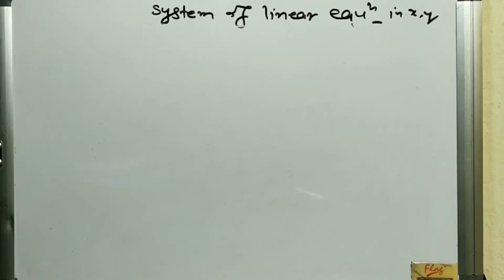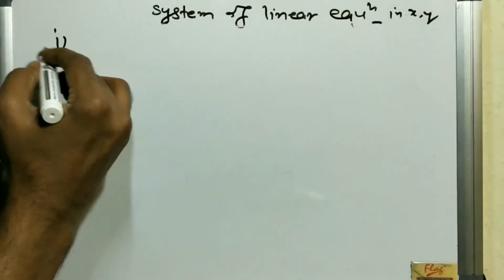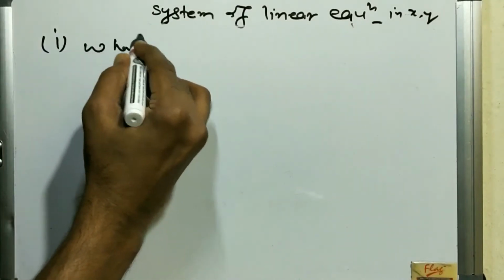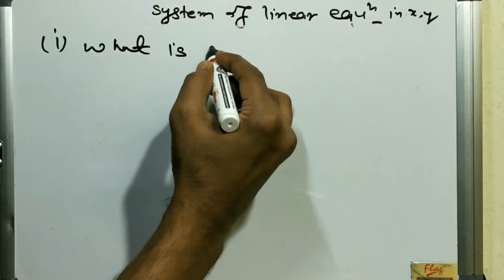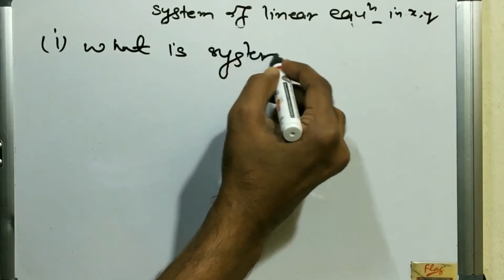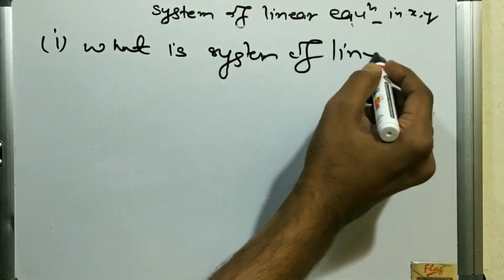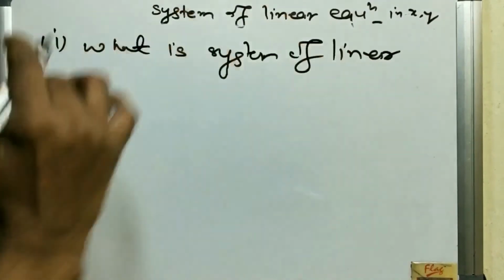What is a linear equation in two variables? What are the different methods we adopt to solve those linear equations? So the points we are going to discuss are: what is a system of linear equations?